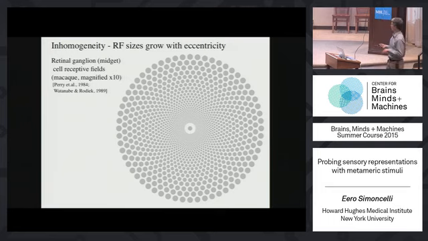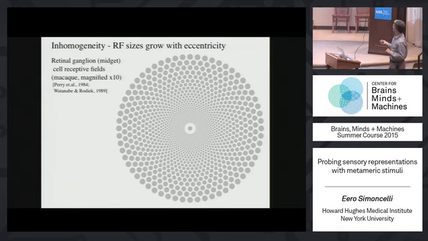So this is a sort of cartoon diagram to illustrate the inhomogeneity that's found in the retina. The receptive field sizes in the retina grow with eccentricity, and it turns out that starts in the retina, but that's true actually all the way through the visual system and throughout the ventral stream in particular.